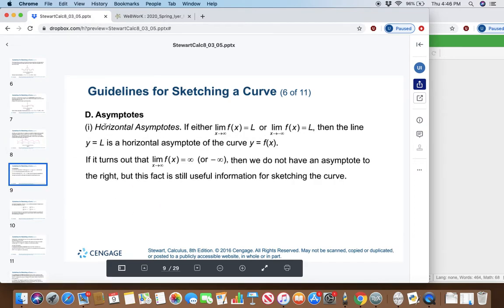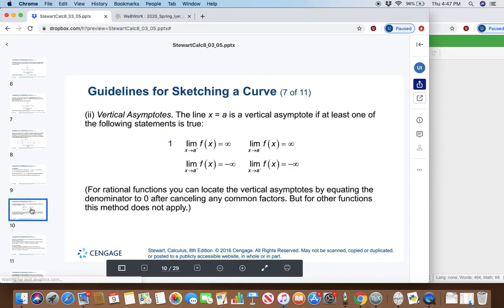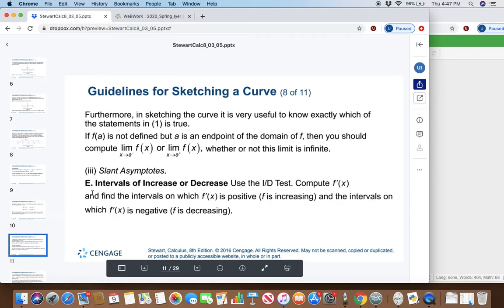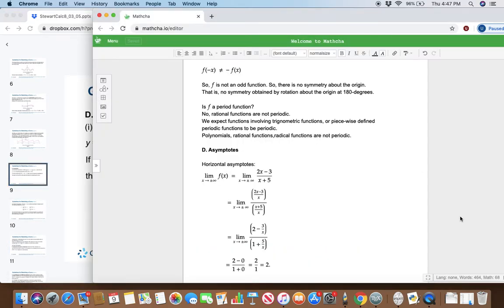The next item to investigate are asymptotes. Asymptotes come in three fashions: horizontal asymptotes, vertical asymptotes, or slant asymptotes. Okay. So let's see what happens with horizontal asymptotes. To find horizontal asymptotes, you need to take the limit as x approaches plus infinity or minus infinity.